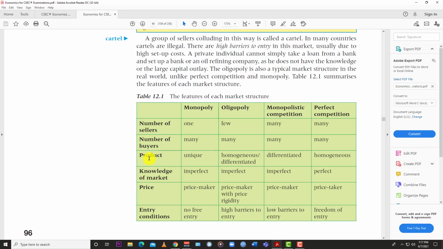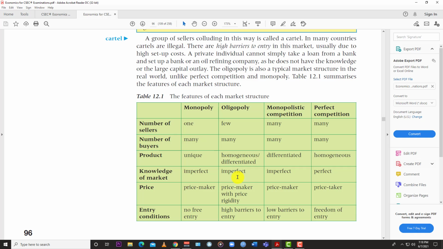All of them are the same. Sugar is sugar across the board, milk is milk across the board. As it relates to knowledge, all of them have imperfect market knowledge except perfect competition, because in perfect competition, everybody's aware of the pricing because the market price is the same throughout. Because all products are the same. So everybody knows how much is a pound of potato, pound of rice, a gallon of milk, etc.